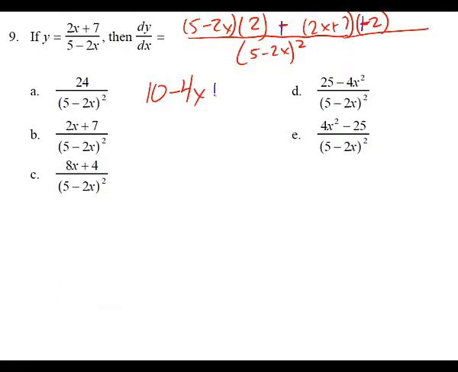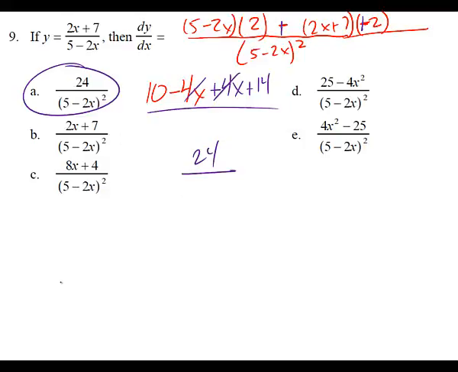So what do you get when you distribute that 2 in? 14. What's going to happen with my 4x's? Cancel. So what's my numerator going to be? 24. So it better be this first one here. Why did I stop writing the denominator? They're all the same. If it was free response, I'd say, yeah, you need that denominator written. But multiple choice, we can sometimes take some shortcuts. Don't start bad habits, though, okay?